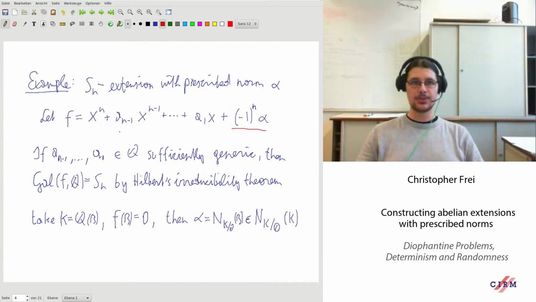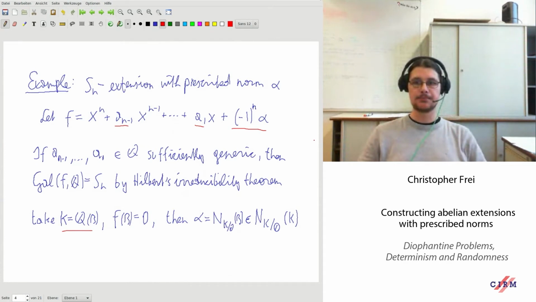Then I choose my coefficients a_{n-1} up to a_1 sufficiently generic so that Hilbert's irreducibility theorem guarantees that this polynomial has Galois group Sn over Q. Then I take K as the number field generated by a root of this polynomial. Then it's an Sn extension. And just by the way in which this polynomial was constructed, alpha is a norm, namely the norm of this element beta, because it's the constant coefficient with the right sign. So that was easy.